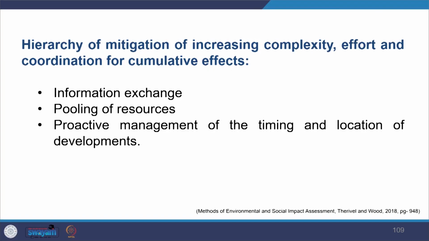You can also have a hierarchy of mitigations. It's important to share, exchange and create information. That could be the first step. Then you can have common resources to deal with, and take proactive management of the timing and location of the development. By staggering it, you can manage these problems as well.